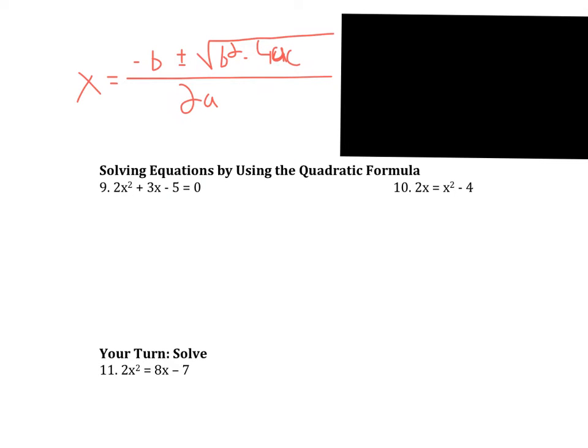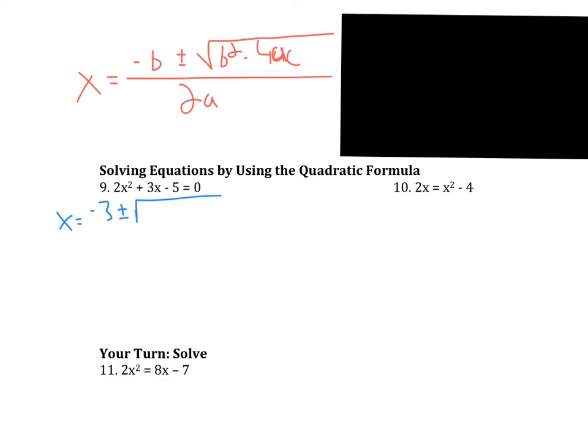So as we go to solve using the quadratic formula, we identify, just like we have before, our A, B, and C. And then we're going to substitute that all in. So we get x equals negative b, which is 3, plus or minus the square root of b squared.